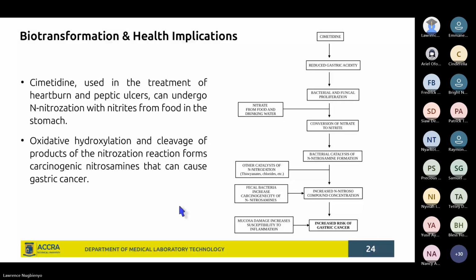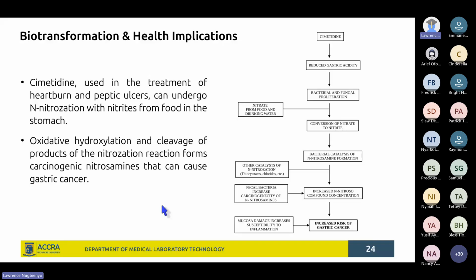Now, we also see cimetidine. It is a drug substance which is used for the treatment of ulcers, or peptic ulcers, heartburns. But the side effect of it is that it reduces gastric acidity.